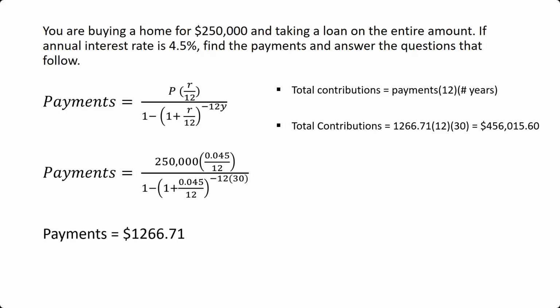Did everyone get 1266? Please tell me now if you didn't. All right, if we're paying $456,000 for this house, how much interest did we pay? Think about it, these two formulas will not be given. You have to know how to find contributions and interest.